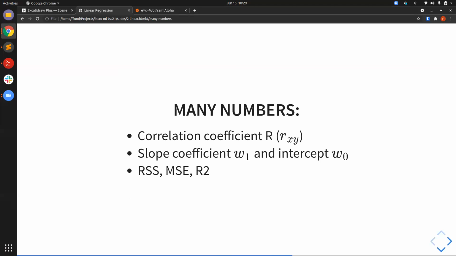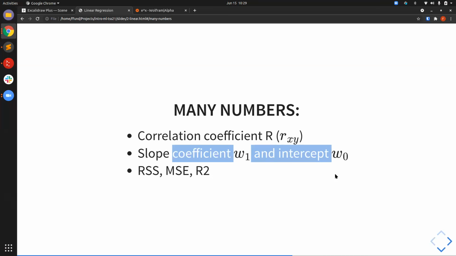Okay, let's look at our other quantities. Let's answer the same question for the slope coefficient W1 and the intercept W0. Is it a characteristic of the data alone, or does it depend on the model?